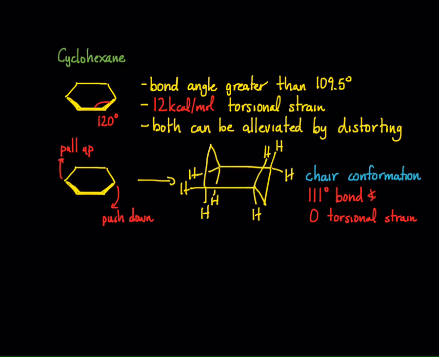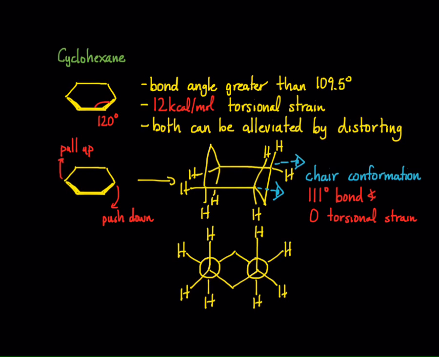How do I know that? Well, let's look down the axis, the carbon-carbon axis of the two carbons kind of simultaneously, and we can draw a Newman projection of it, and it looks like this, where all of the hydrogens are staggered from one another. So there are no eclipsed bonds when we distort that planar cyclohexane, which is a pretty cool thing.